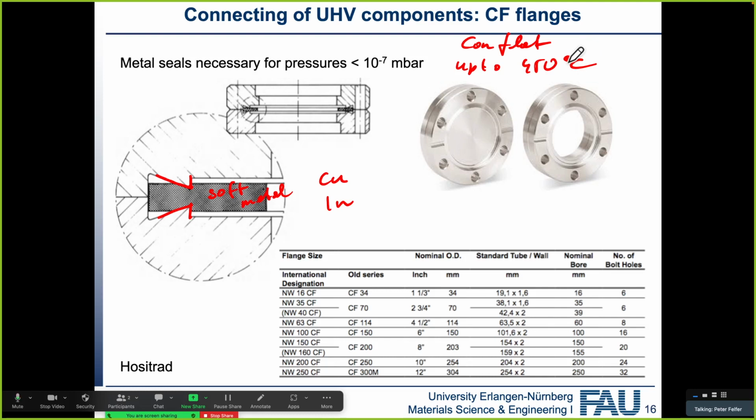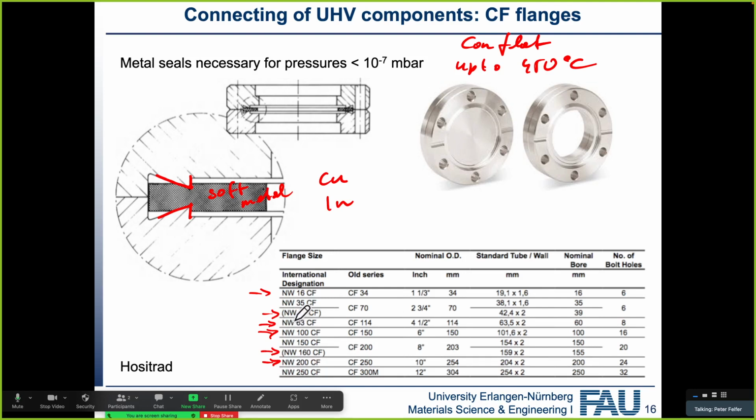And they have a limited number of standardized sizes. If you work with these systems a lot, you will know them off the top of your head pretty quickly, which is 16, 40, 63, 100, 160, 200. And then the larger series start. But these are the most common ones, and you'll see them around a lot.